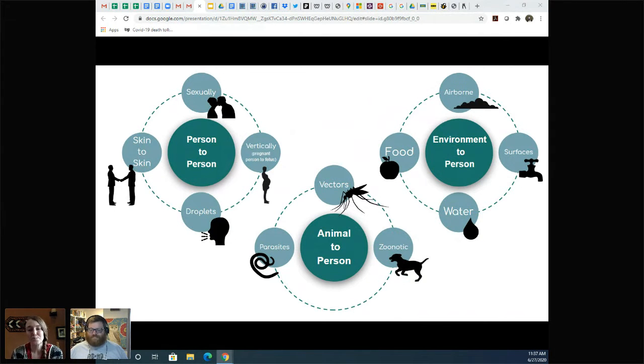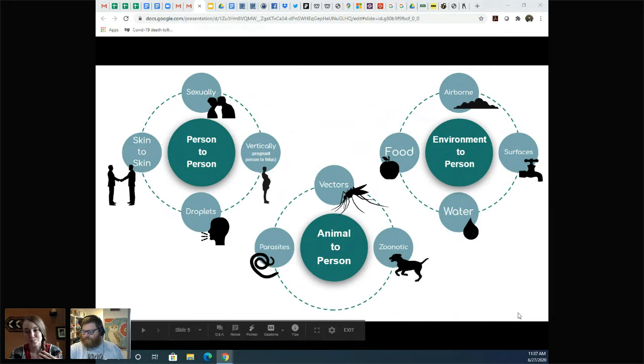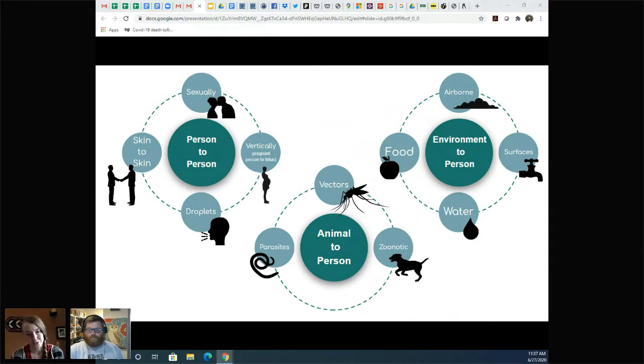And then there are also obviously environmental factors, contaminated water and food and things like that. So if you think about these from a rural perspective versus an urban perspective, you can see how living in cities would increase many, if not all, of these issues.